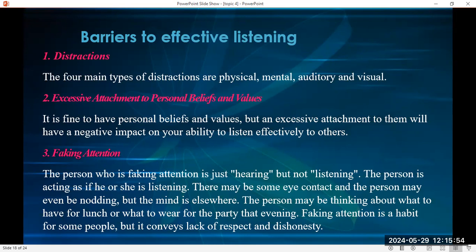Ladies, they are good in this. Ladies are good at faking attention, but not listening. The person acts as if they are listening. That one is another barrier to effective listening. That's a very bad habit.